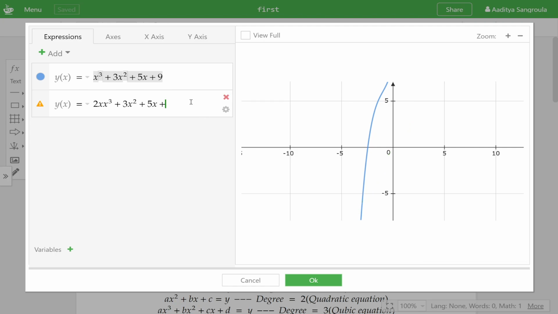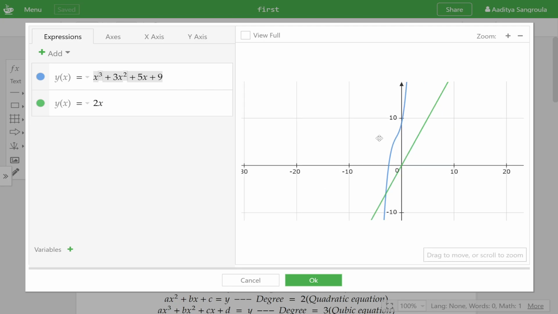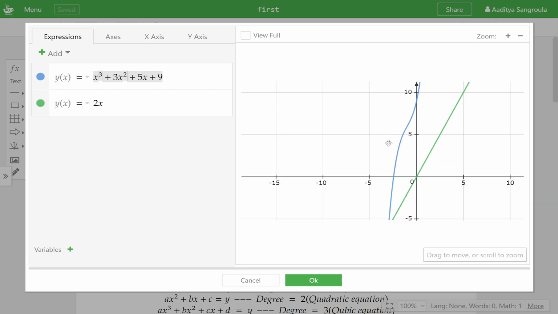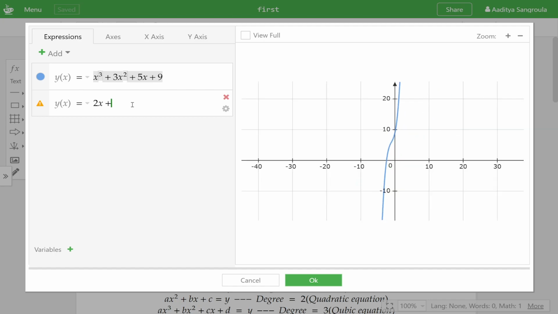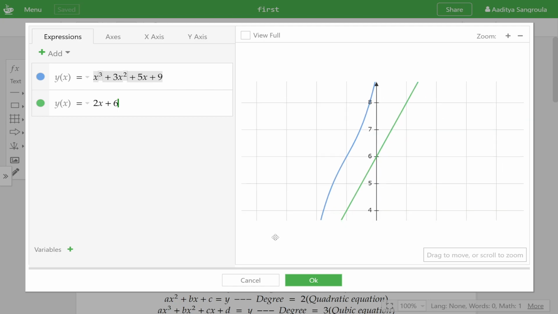Plus 2x, 2x plus 15, 2x plus 12, 2x plus 9, 8, 7, 6. Okay, 2x plus 6. You have it over here.